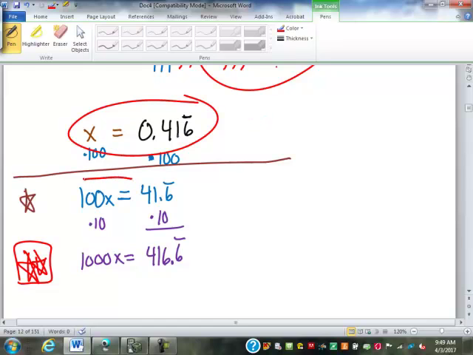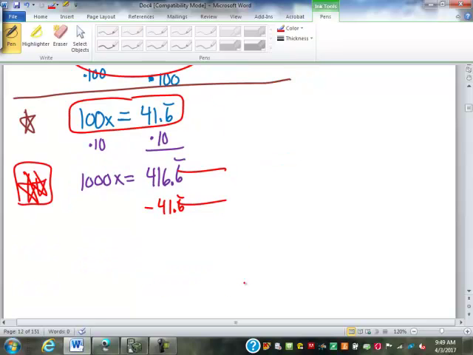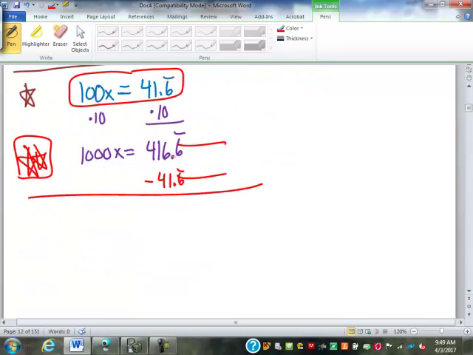What I'm going to subtract is this piece. I'm going to subtract 41.6 repeating, because that has that 0.6 repeating. It's going to cancel out those repeating digits. So 416 minus 41 is 375. What do I have to subtract on this side? 100x. So 1,000x minus 100x is 900x.